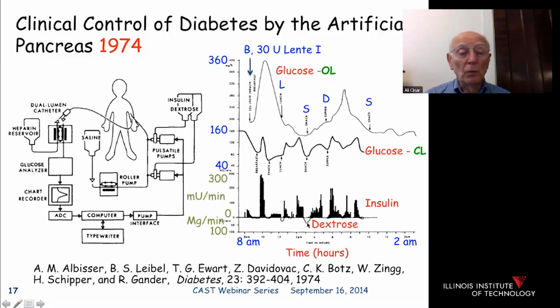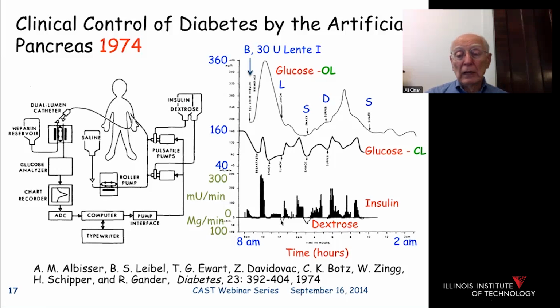So on the one hand, this system provided a very good illustration of the potential of the artificial pancreas system. On the other hand, the glucose concentration was from intravenous samples directly from the bloodstream. The injection of insulin was directly to the bloodstream, and even the food in the form of dextrose was given to the bloodstream if needed for compensating low values of blood glucose.